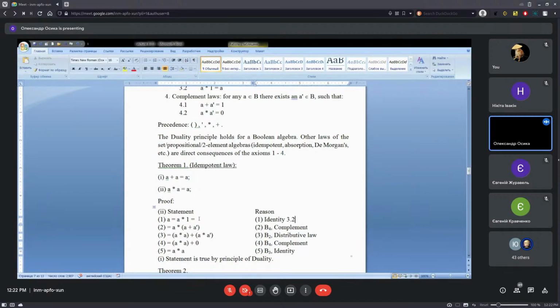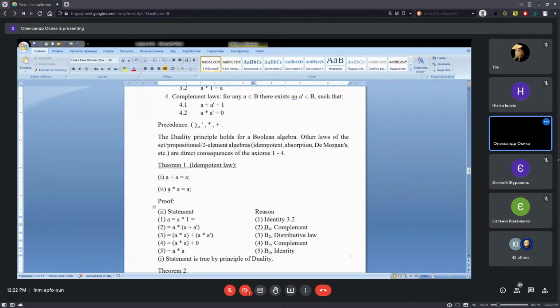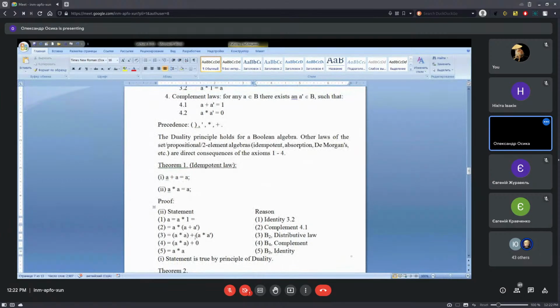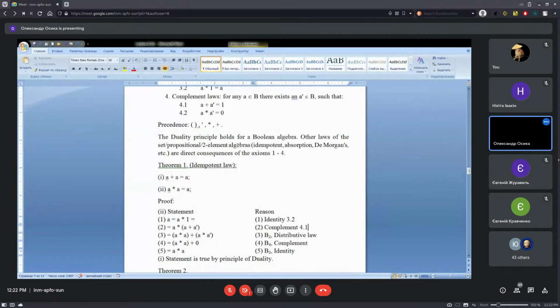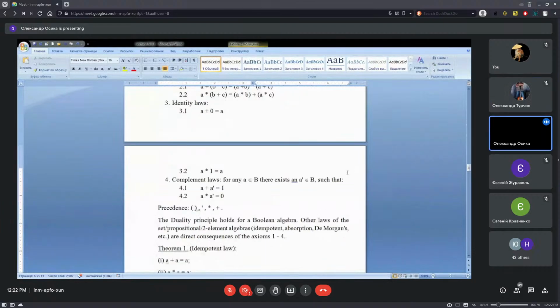After that it is equal to A by (A plus A prime), where this 1 is replaced by A plus A prime, 4.1. And then distributivity, 2.2. Just a moment.